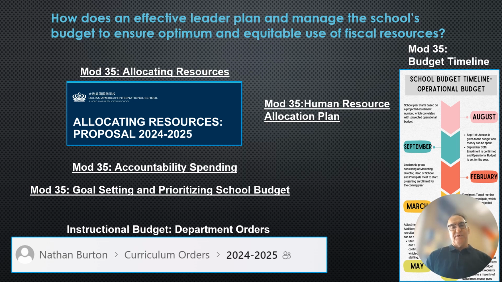We did a really wonderful project, and these are all linked: allocating resources, accountability spending, goal setting, and prioritizing school budget. How do we look at our facilities and our needs and figure out what is the number one need and what is the less than number one need? One of the things that we're looking at in our school is we have a space that we could be definitely using a lot more, but it does not have appropriate heating and air conditioning.